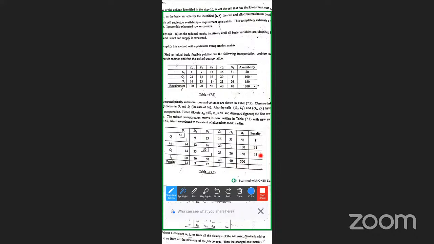And column wise also. In the first column, 1 is the least and the second least element is 14.